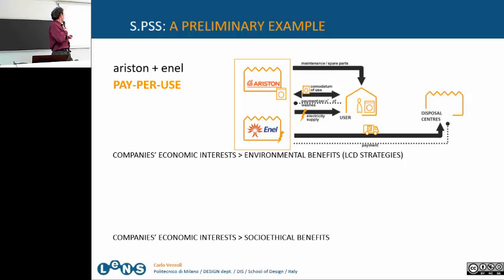So one company may have an economic interest in reducing the environmental impact. So why do they want to do that? For an economic reason. Now concentrate on what is paid, because it changes. What do they pay? They pay any time they use it, independently from the fact that they have a washing machine that is repaired, independently from the energy consumed, because this energy is not in their energy bill.